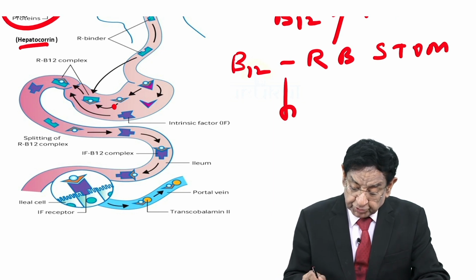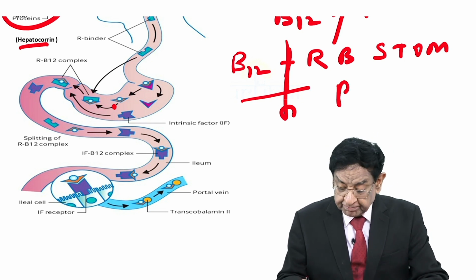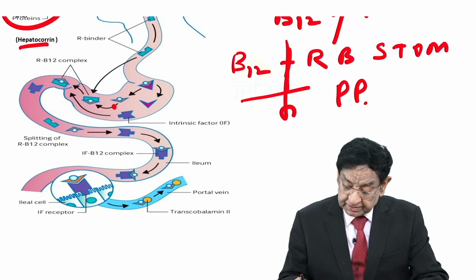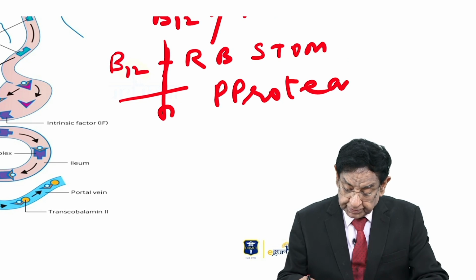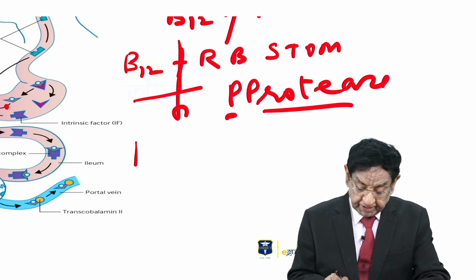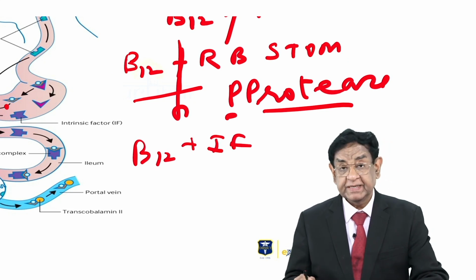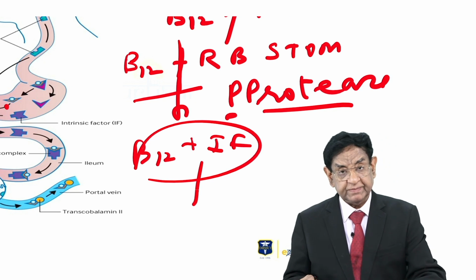When they come to the duodenum, it is broken down by pancreatic proteases. P for pancreatic protease breakdown, B12 is released, and now it combines with intrinsic factor in the duodenum, and finally they come to the terminal ileum and are absorbed.